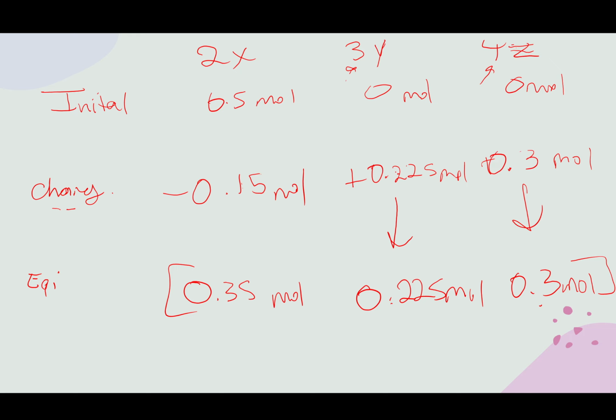So at equilibrium, 0.35 moles of 2x existed, 0.225 moles of 3y exists, and 0.3 moles of 4z exists. The question did state the volume, V is equal to 0.750 liters. This is from the question, by the way.